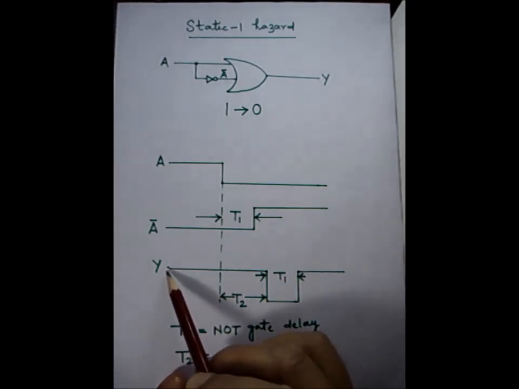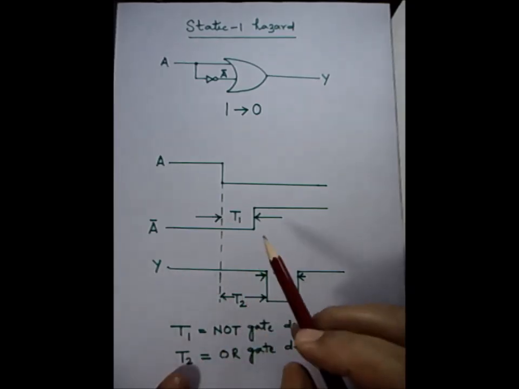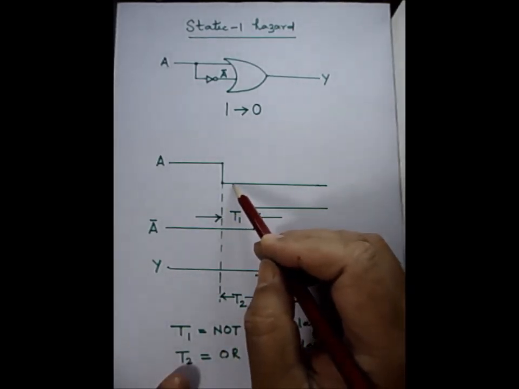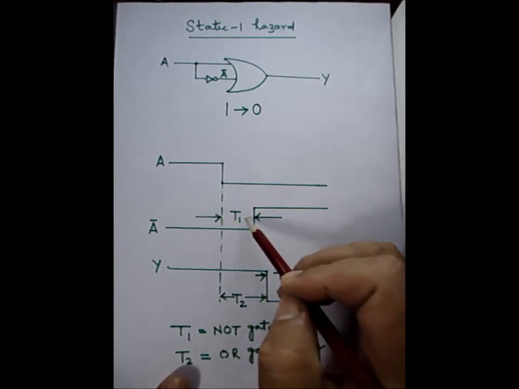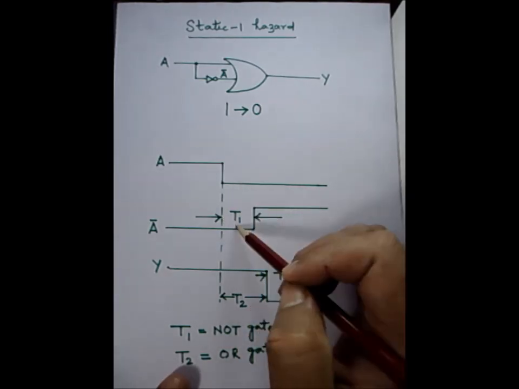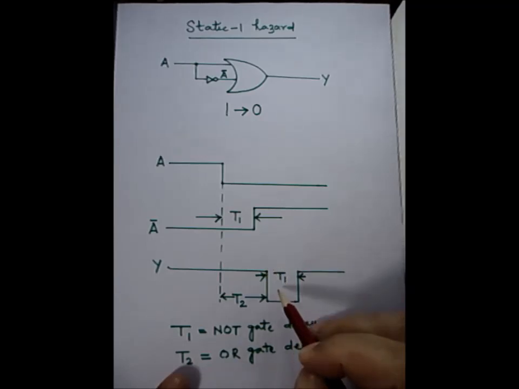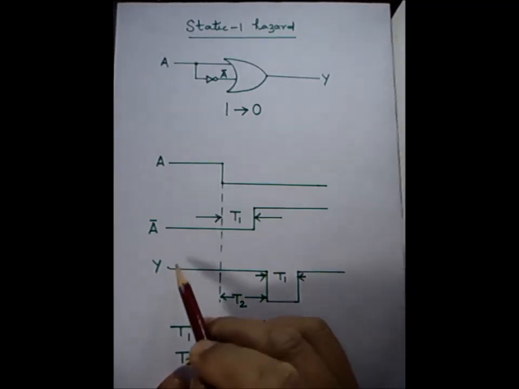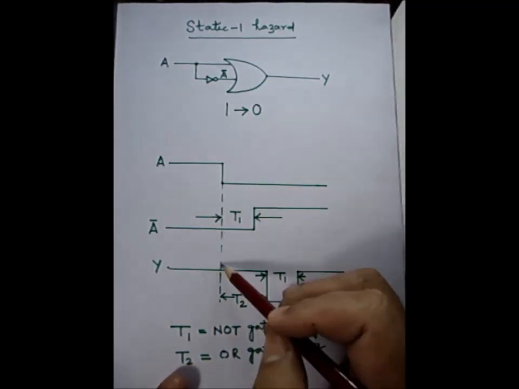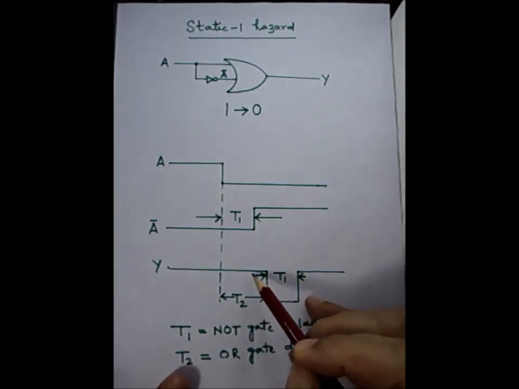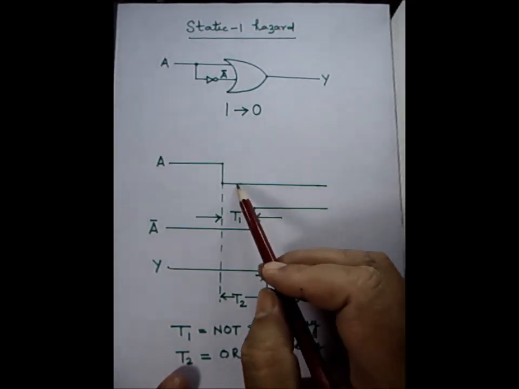And you can see the output Y also. During this period T1, both inputs are 0, therefore the output will be 0 for T1 time, and that is shown here. But the output of the OR gate does not immediately become 0 when both inputs are 0.